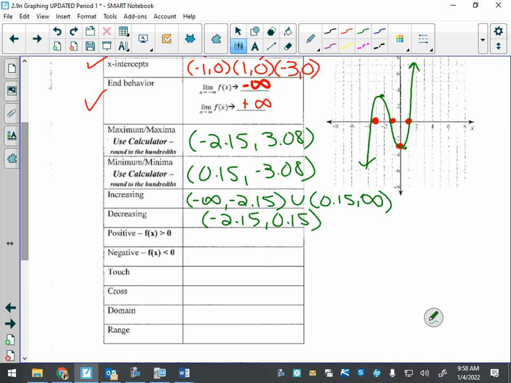Okay. Where am I positive? Positive and negative, you use your x-intercepts. So where am I positive? Noella, where am I positive? It's okay. Perfect. Good. Okay. Where am I negative? James, where am I negative?